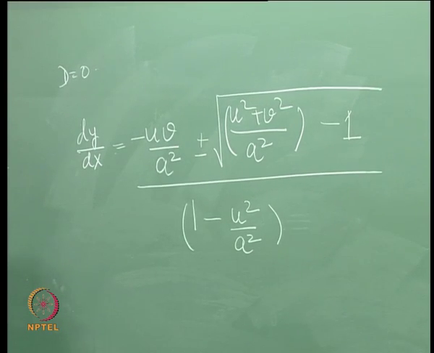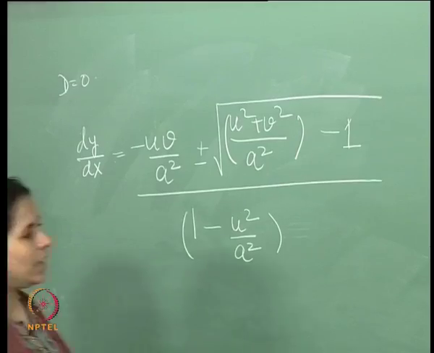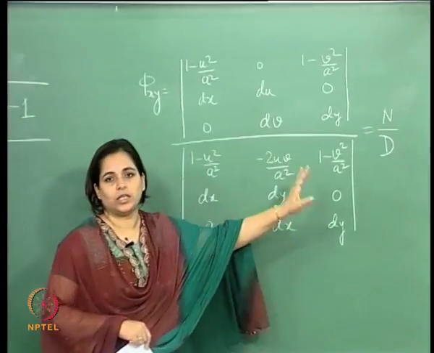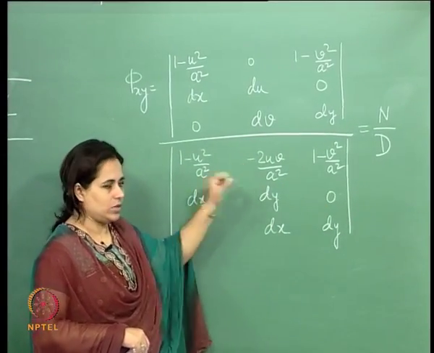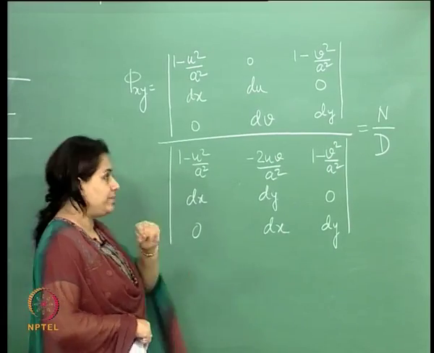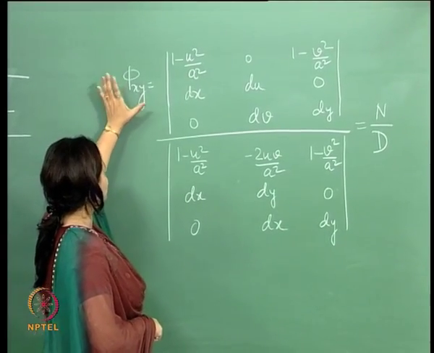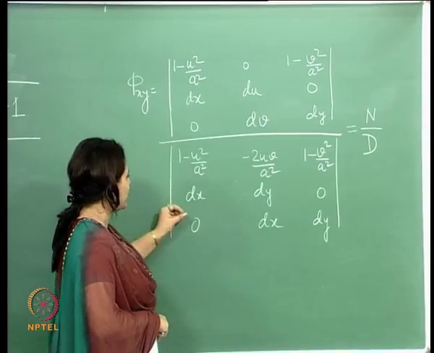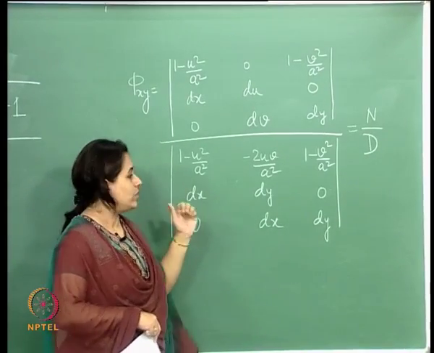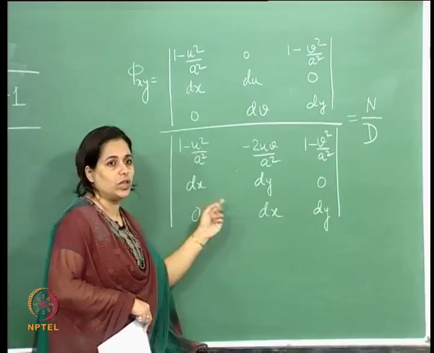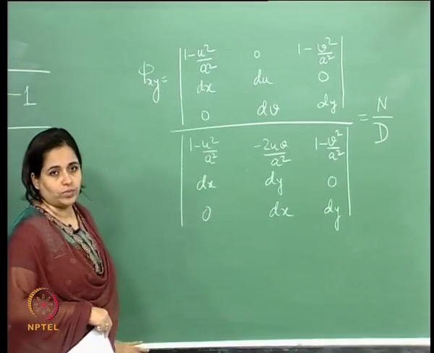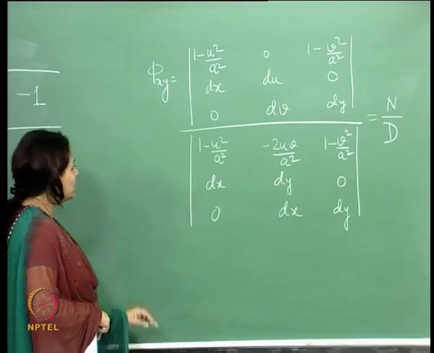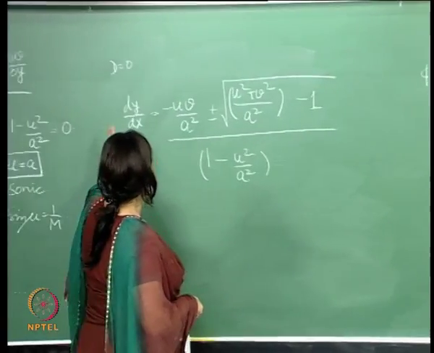So, what we are trying to say over here is that if the determinant here goes to 0, then for a particular chosen dx and dy, if my denominator goes to 0, then my derivatives blow up across. So this will happen across.